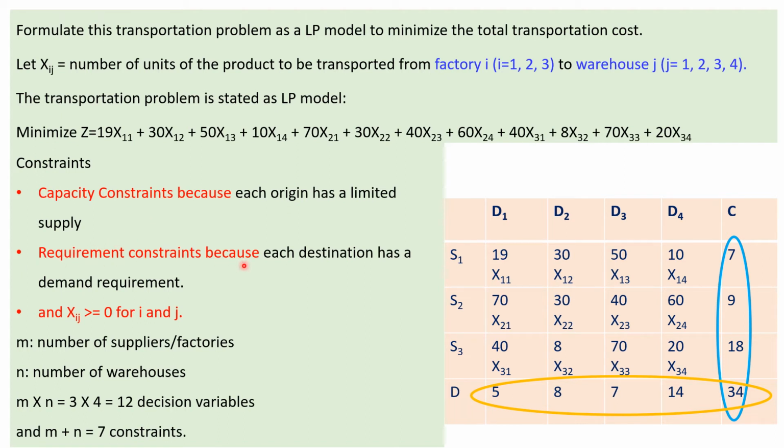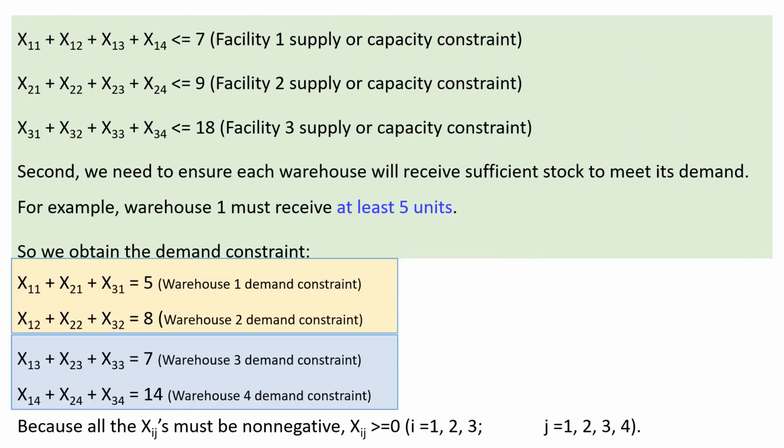And let's see the detail. Starting with the supply constraints, we have 3 distribution facilities. So all the items transported from S1 to all the destinations, all the 4 warehouses, should be less than or equal to 7, the capacity of facility 1.